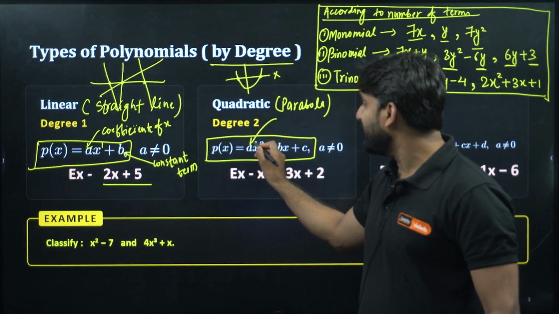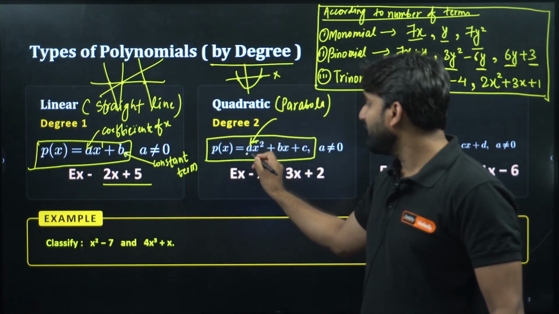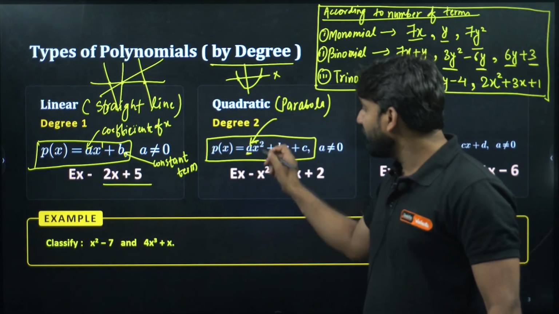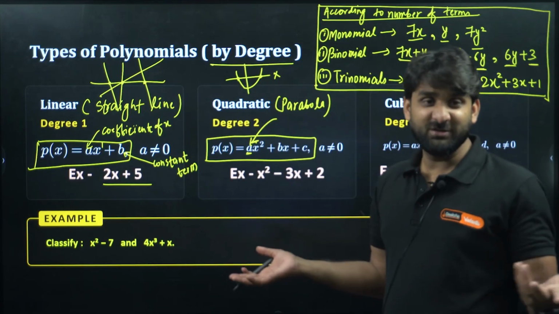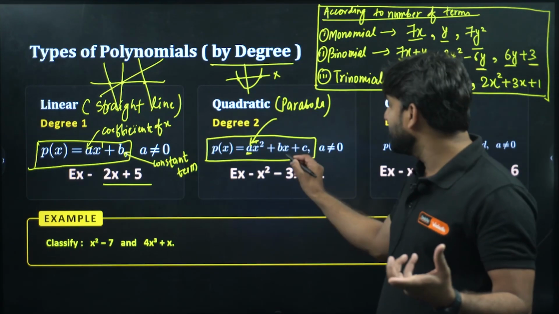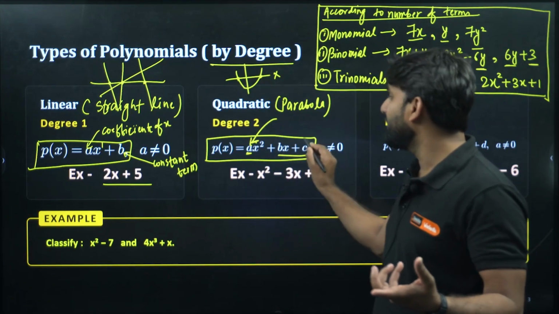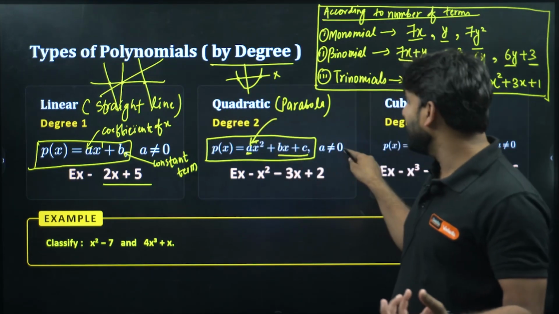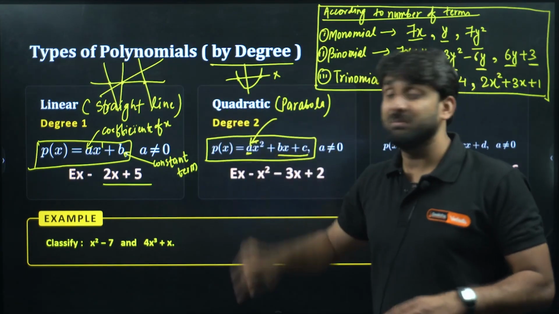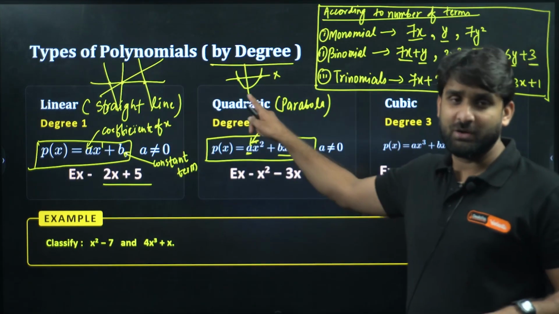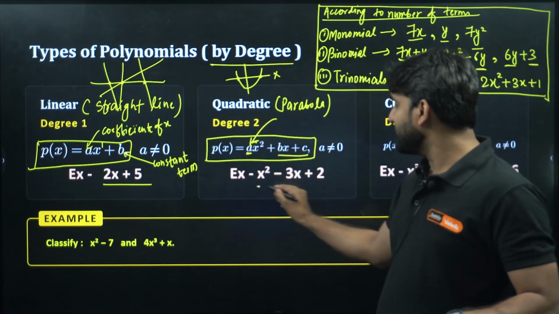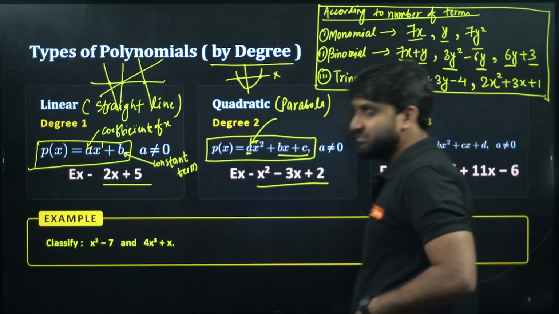If a would become 0, then 0 into x square, so this entire term will become invisible, vanished, so only this will be remaining there, and this is the format of linear. So if a becomes equal to 0, the equation will become linear, so a can't be equal to 0. A should not be equal to 0 for quadratic. And we have an example, x square minus 3x plus 2 is equal to 0.